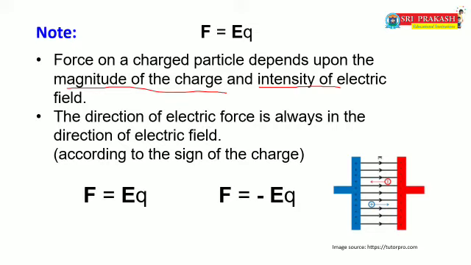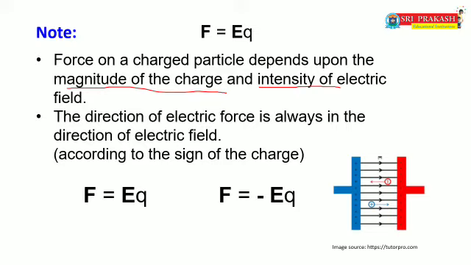Now suppose there is a positive charge inside the electric field. Then there will be a tendency for this positive charge to move towards the negative plate, because the negative charge will attract the positively charged body. Similarly, a negatively charged body will tend to move towards the positive charge, attracted by the positive plate. Now this positive charge is moving towards the negative plate, meaning it is moving in the direction of the electric field.